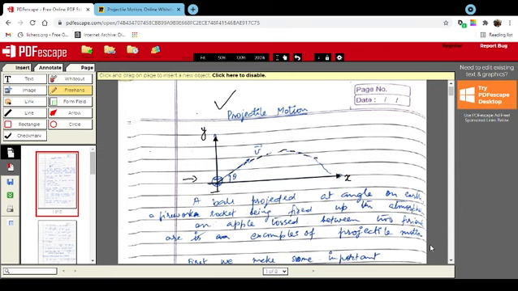Let us take an example where you have two friends passing a ball between each other. If there is one friend at this position and one friend at this position, the path followed by the ball would be somewhere like this.